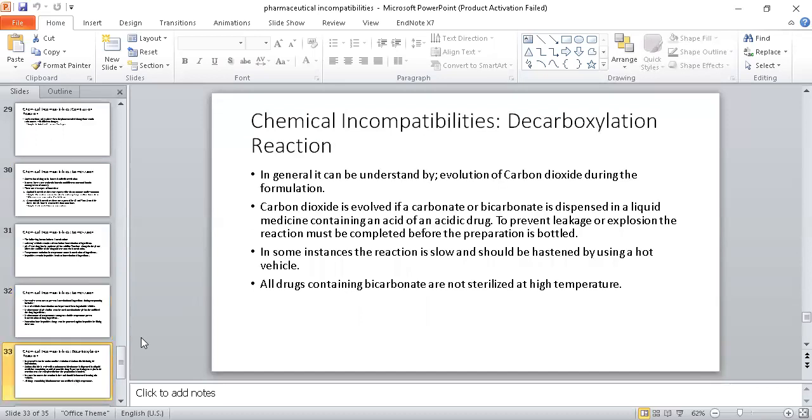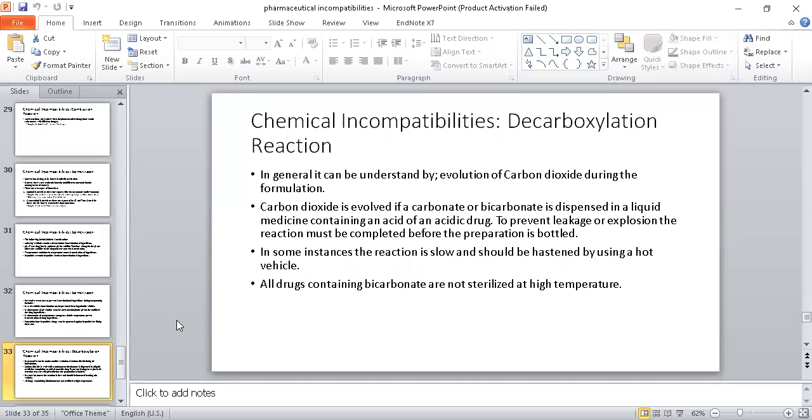Then decarboxylation reaction. In general, it can be understood by evolution of carbon dioxide during the formulation. Carbon dioxide is evolved if a carbonate or bicarbonate is dispensed in a liquid medicine containing an acid or an acidic drug.